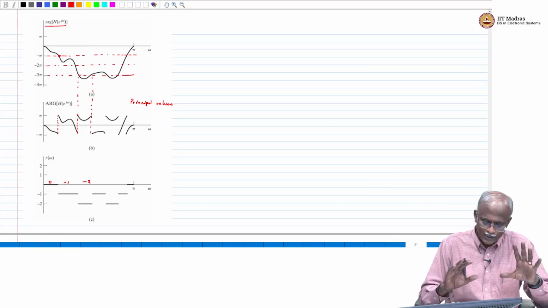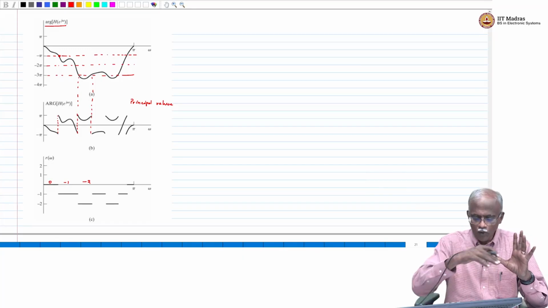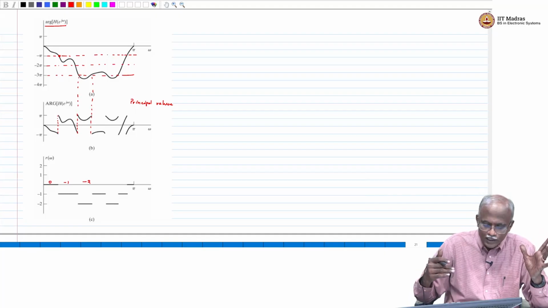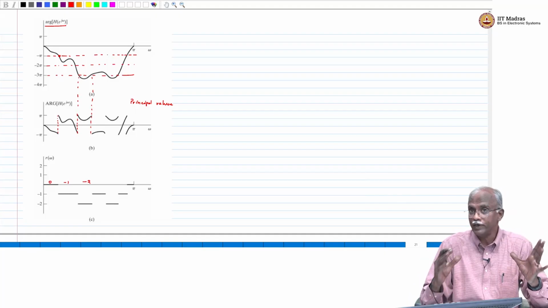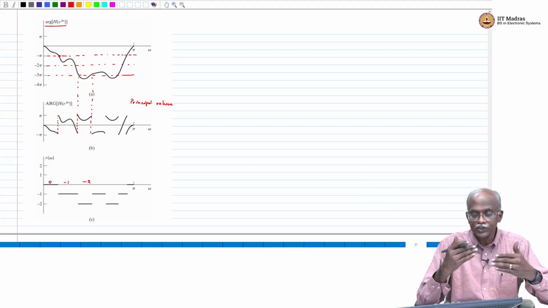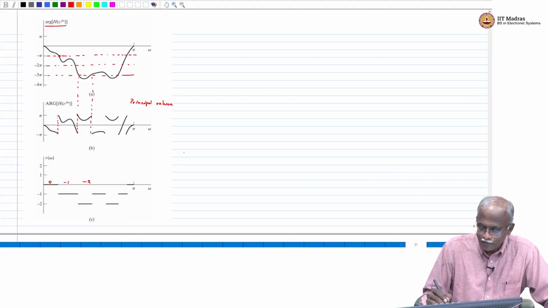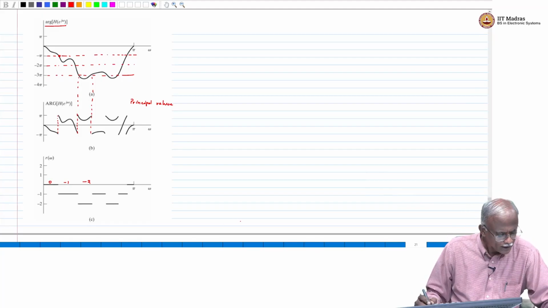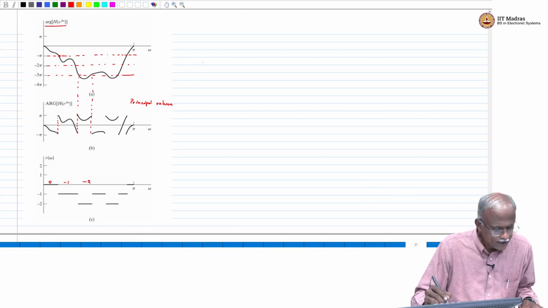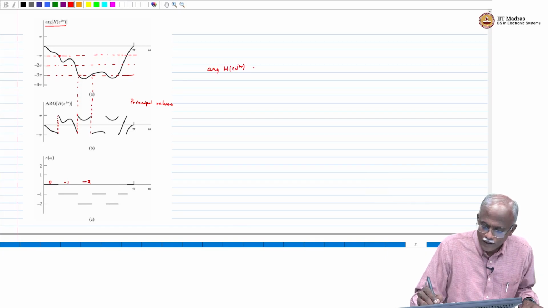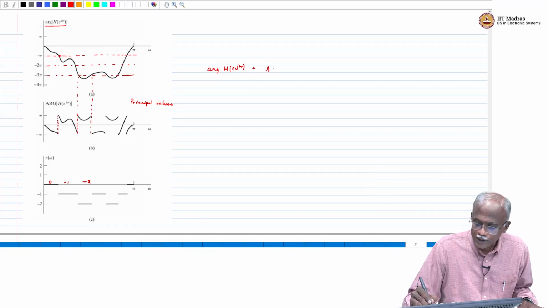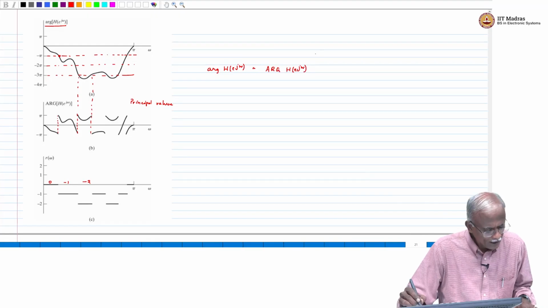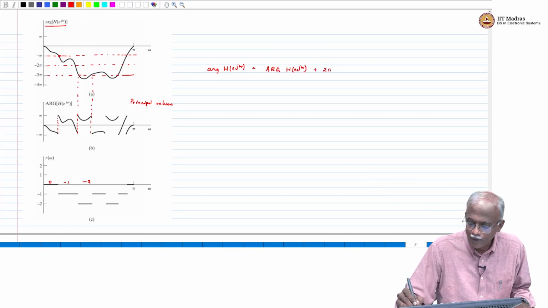So I hope this example gives you an idea of how the true phase and the principal value look different. If you do what is called the unwrapping of the phase, the relationship that we have is that the true phase, the argument of H of e to the j omega, is equal to the principal value of H of e to the j omega plus some integer multiple of 2 pi.